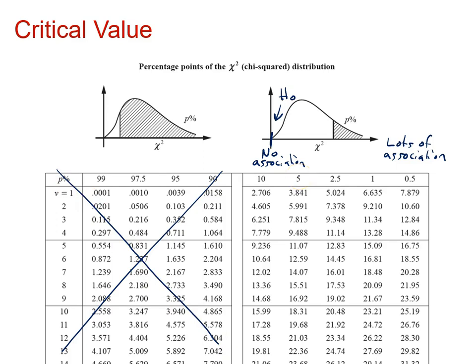Now we recall that we were using the 5% significance level, so we find 5% in the table. Our value of nu is 8, so we go along 8 and down 5 until we find our critical value of 15.51. And there are many graphical calculators that can also do this calculation for you.